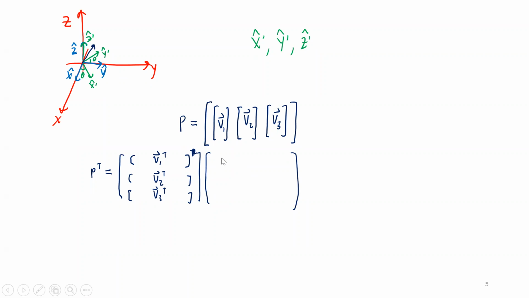This element over here is the dot product of V1 with V1 itself, which gives you the first element. The second element is a dot product between V2 and V1, and the third one is V3 with V1. Similarly, you can write down all the others. I guess I'll just write down a couple more.